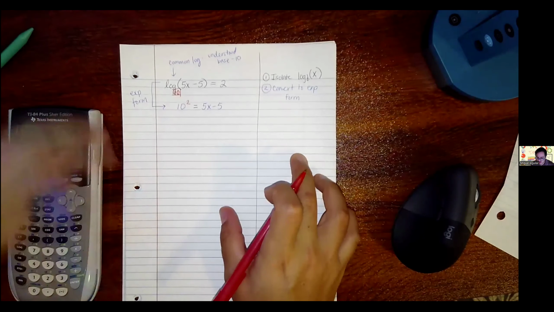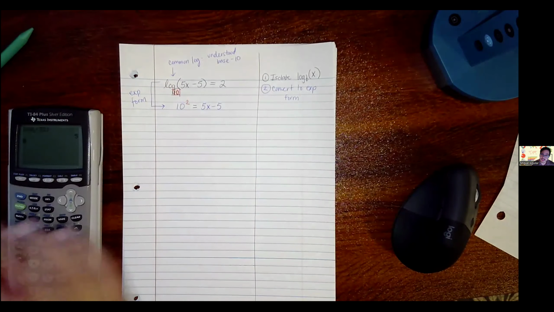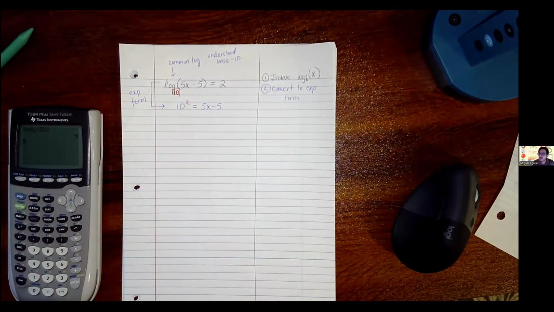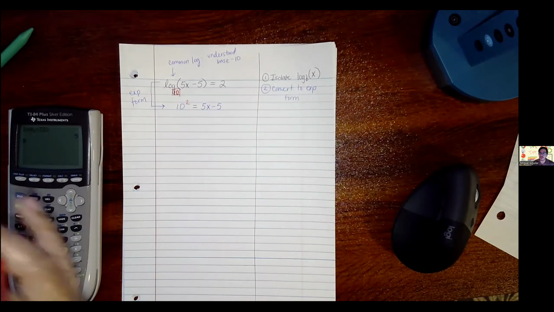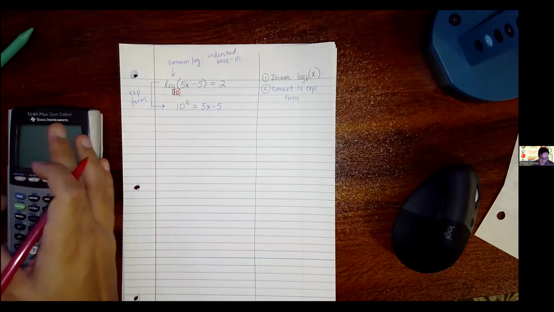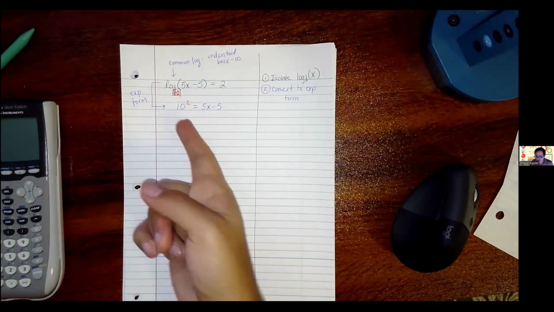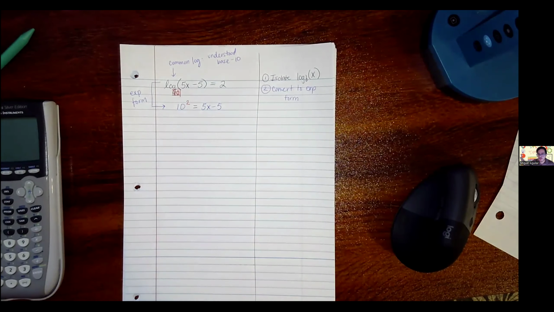And this is one of those things where I ranted at length about this earlier. Mathematicians always do this where they say, oh, this is an understood number here. For logs, you have to remember if you don't see a number there, it's a 10. Because otherwise, when we're trying to convert this to exponential form, how would we know that there's even a 10 in this problem?